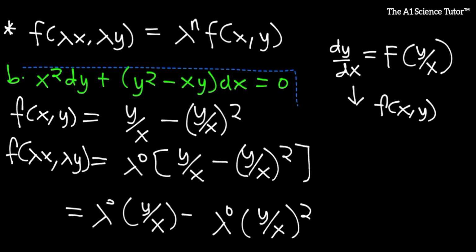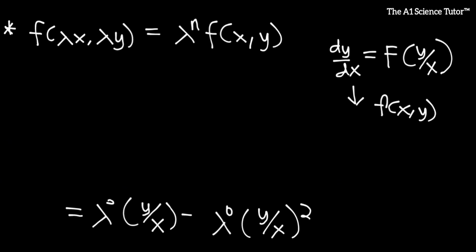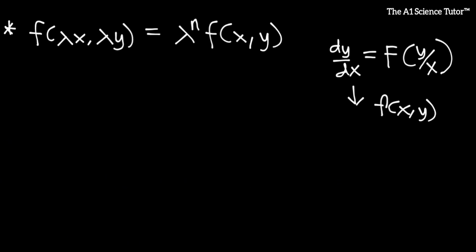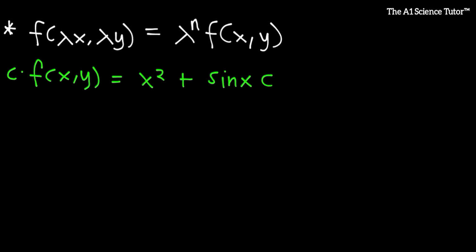Now let us try one more question where you would actually find that the equation wouldn't be homogeneous. So let's say you were given this one. F of x comma y is equal to x squared plus sine x cos y.